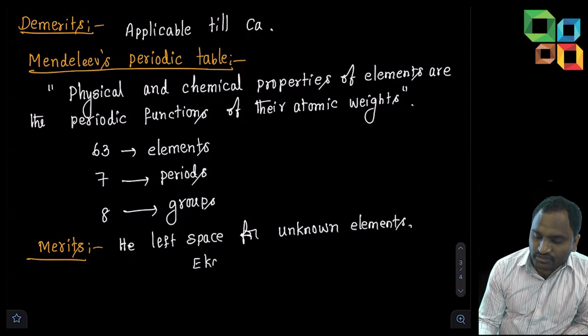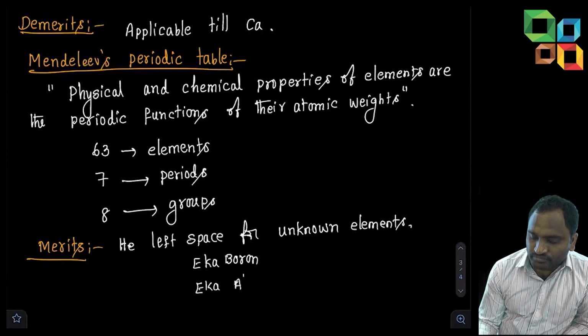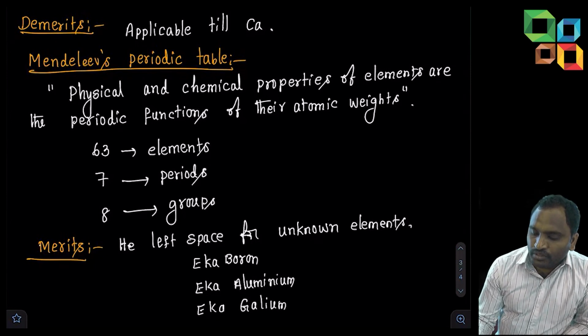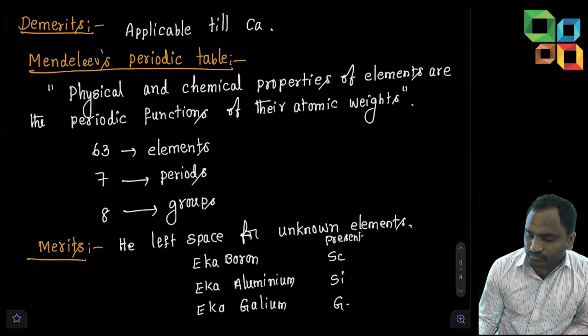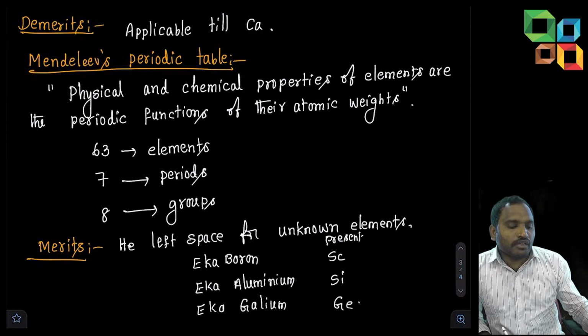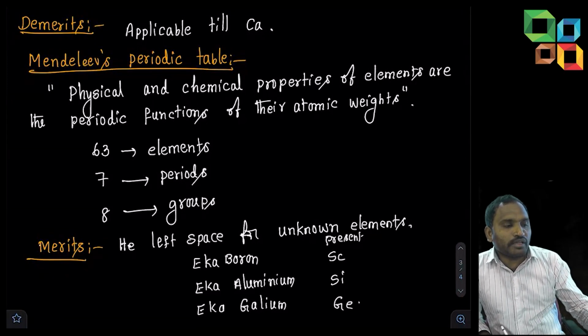For example, he predicted some elements' existence and gave names: boron, aluminium, silicon.